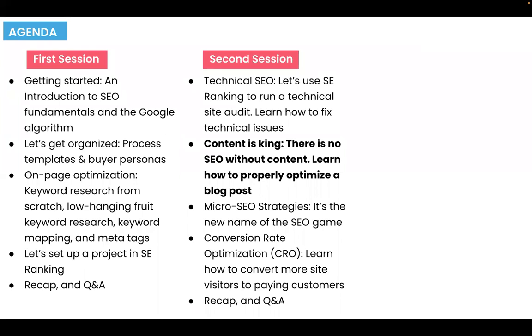These two algorithm updates, in my opinion, have completely changed how SEO needs to be done nowadays. Luckily, and we covered that as well in last session, our own website got hit because we didn't pay attention. We didn't do our own SEO. Rightfully so, we got hit.